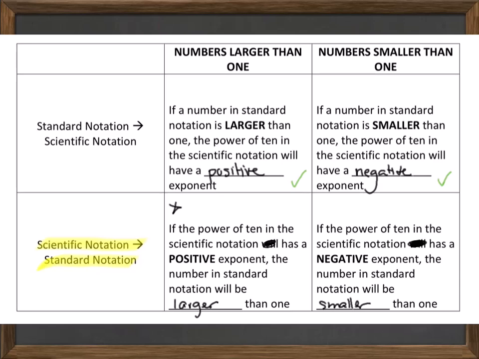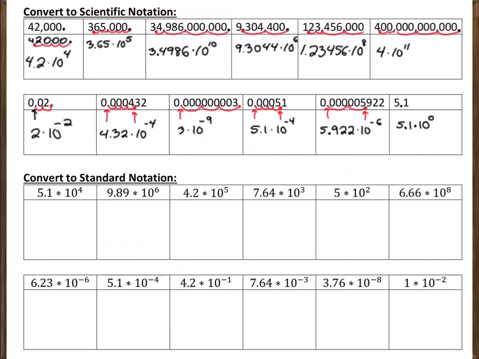Okay, so let's go ahead and do the next row of examples where we have positive exponents and we're converting them to numbers in standard notation which are larger than 1. So our first problem here is 5.1 times 10 to the 4th power. So we're going to write 5.1, okay, and then we want to make this bigger. So if I want to make 5.1 larger, do I have to move the decimal to the right or to the left?